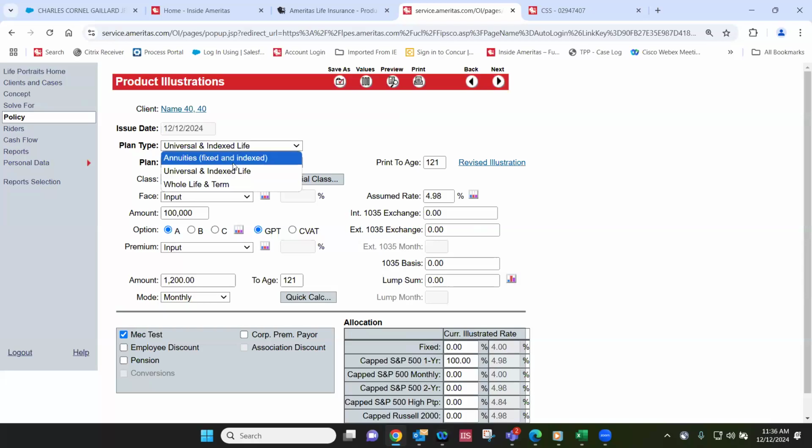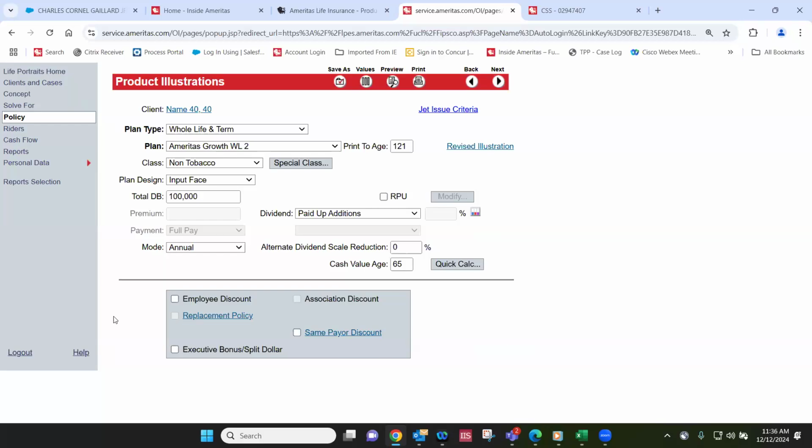And now instead of UL and IUL, I'm going to pivot to whole life. The growth whole life contract is what is designed for supplemental retirement income, max long-term accumulation. This is the product that I would use if I was going to overfund a whole life contract.